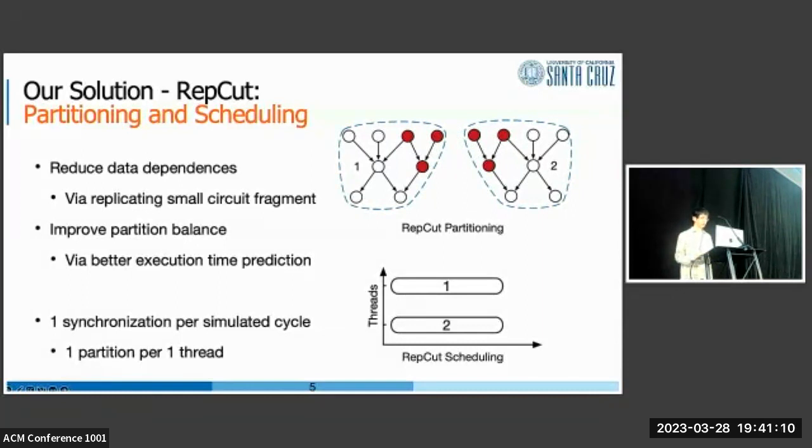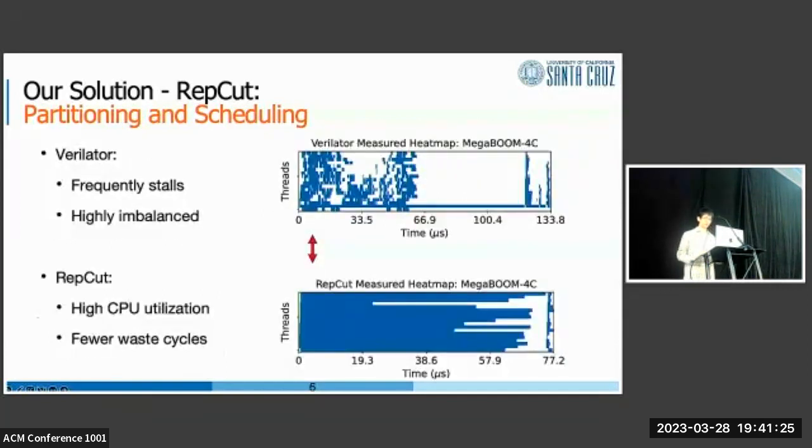In terms of implementation, RepCut has only one synchronization per simulated cycle, which significantly reduces synchronization overhead, and each partition is mapped to one thread, minimizing scheduling overhead. Compared with Verilator, which has frequent thread stalls and is highly imbalanced, profile information shows that RepCut has a much higher CPU utilization and fewer wasted cycles.